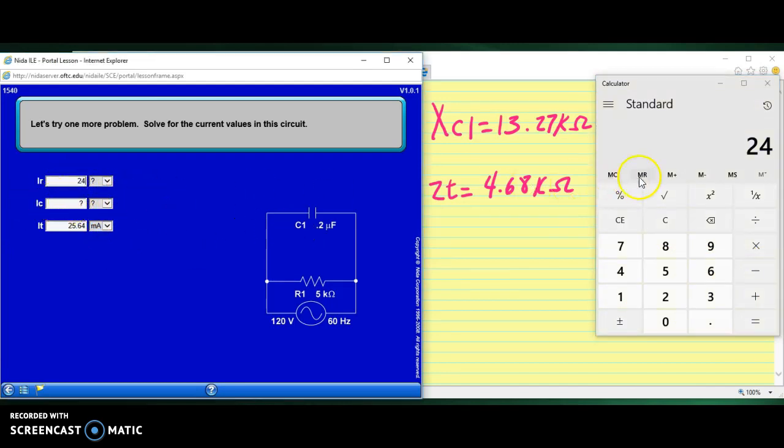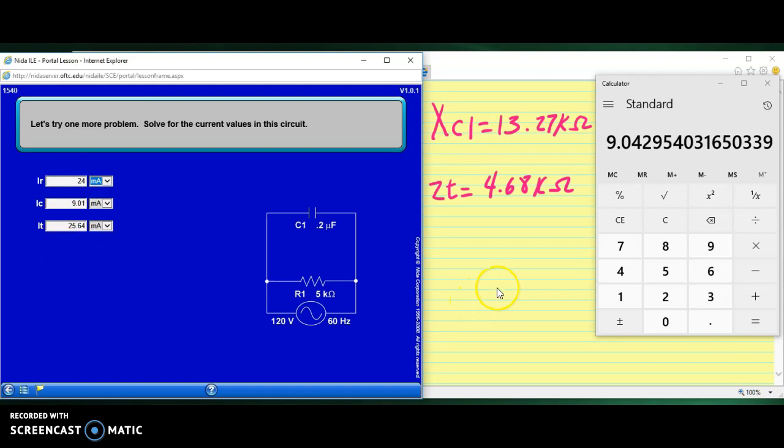And I of C is going to be 120 divided by this 13.27, and we come up with 9.04, even if we round, milliamps. Both of these should be in milliamps. So obviously we can't simply add these two. We'd come up with 33.01.